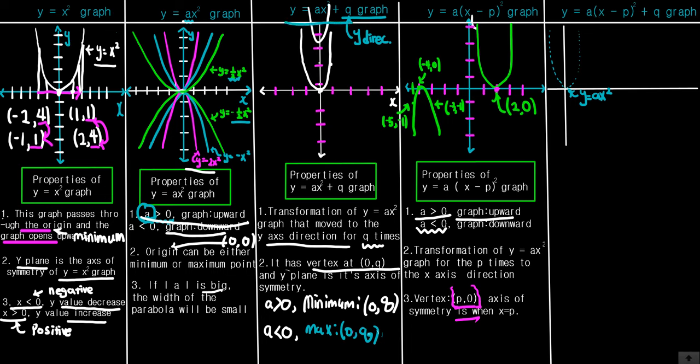is a value that defines the graph's form, the quadratic function's graph form, whether it goes upward or downward.